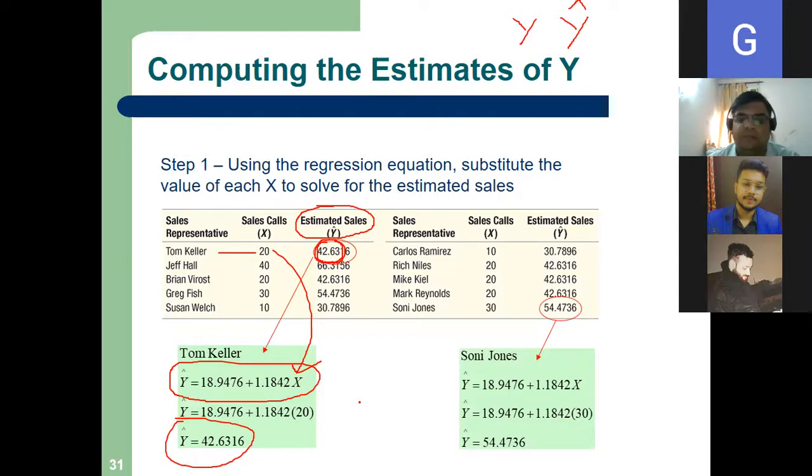Similarly, we can calculate the estimated sales for all 10 salespersons, and we will see that y and y hat are not equal. There is some difference because we are predicting. Remember I told you about rainfall? The meteorological department says there will be rainfall, but it is a sunny day.